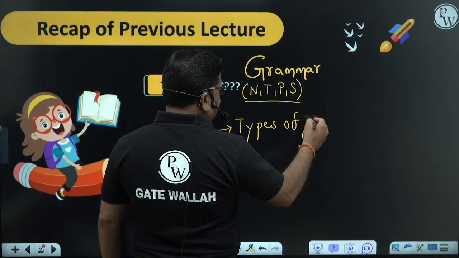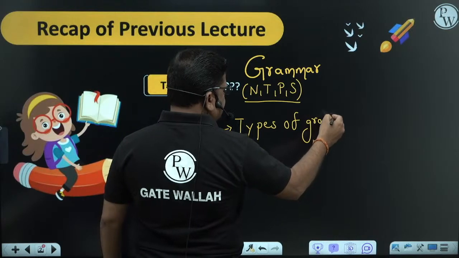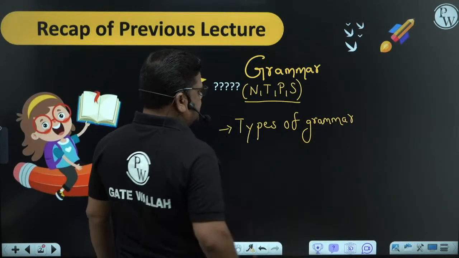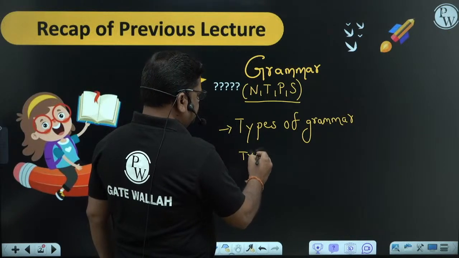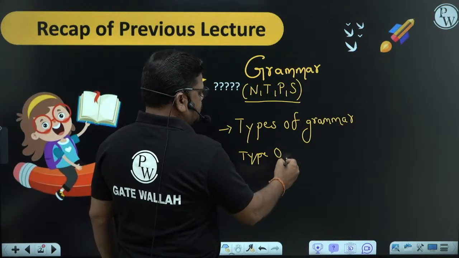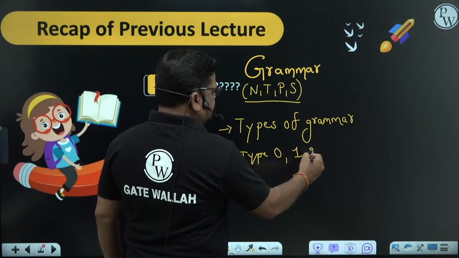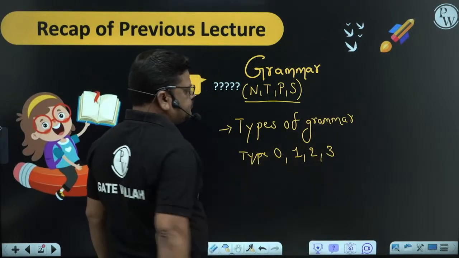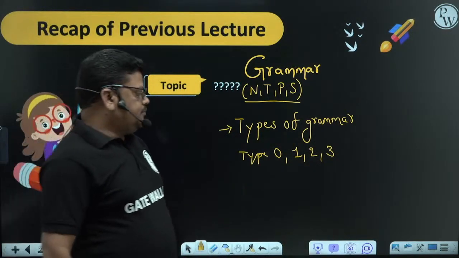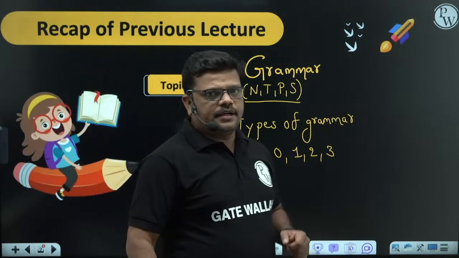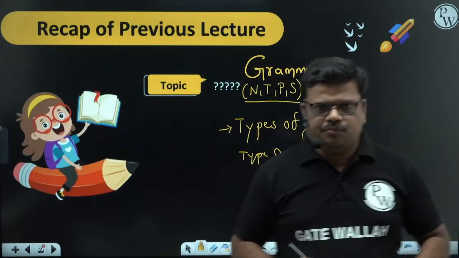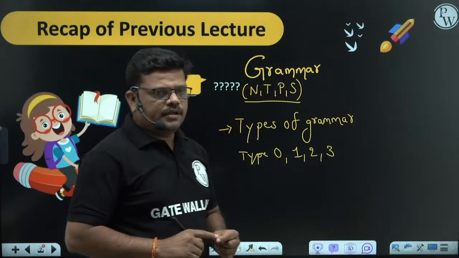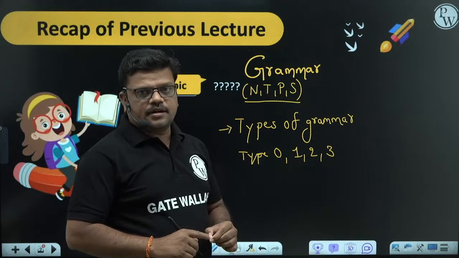Here we studied 4 types of grammar: type 0, type 1, type 2, type 3. Type 0 is called unrestricted grammar, type 1 is called context sensitive grammar, type 2 is called context free grammar, type 3 is called regular grammar.